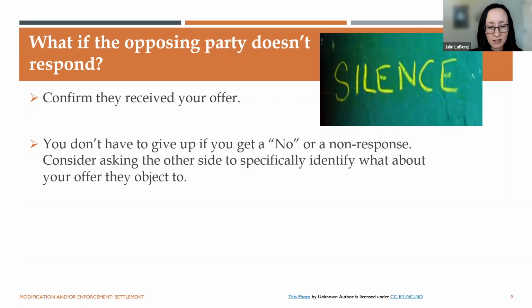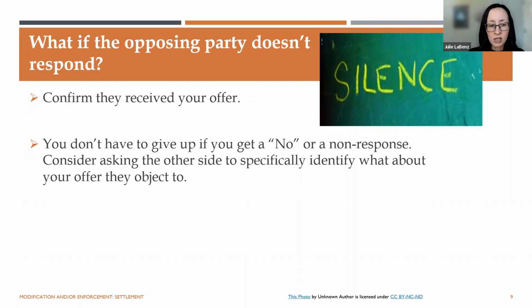I would be asking the other side to specifically identify what about your offer they object to, and potentially trying to engage them in this discussion. So, well, what about my parenting plan modification don't you like? Is it the change to the time? What would you prefer?